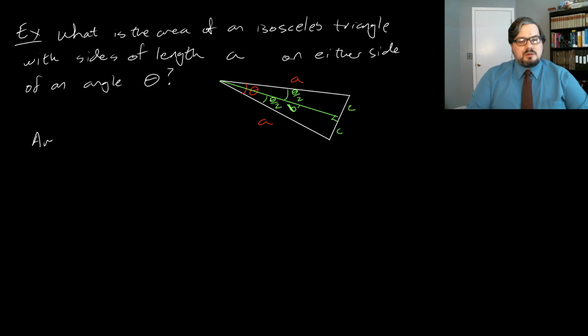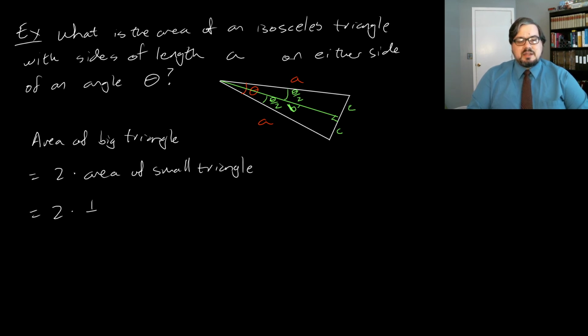So we know that the area of the big triangle is going to be 2 times the area of the small triangle, which is 2 times, and now we know that the area of a triangle is 1/2 times base times height.